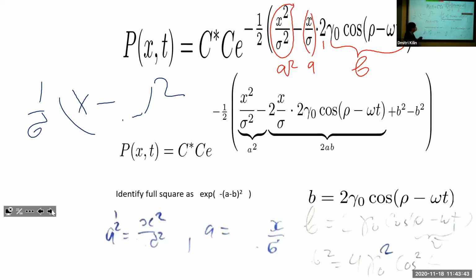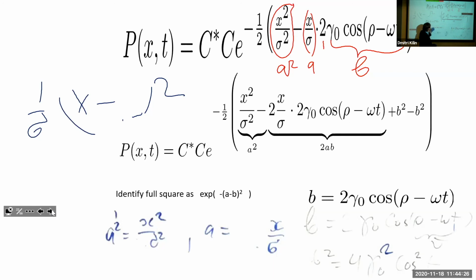So what I am suggesting to do is to consider the stuff in the brackets as the simplest algebraic formula, like the square of the sum. So we need to identify a full square, like a squared plus 2ab plus b squared. Those are three terms, and we have only two. But by the rules of math, nothing is changing if we add and subtract an additional term, the same term.